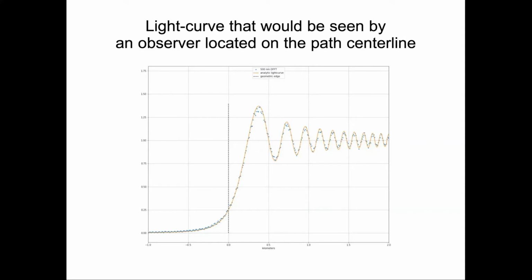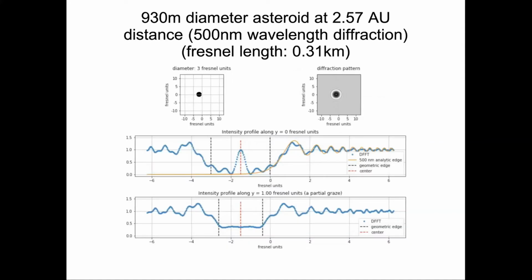That was a pretty good size asteroid that I chose. So I moved to an object that was small. In fact, it was so small that I decided it made more sense to show its diameter not in terms of kilometers. It was actually just under a kilometer, but to express it in Fresnel units.